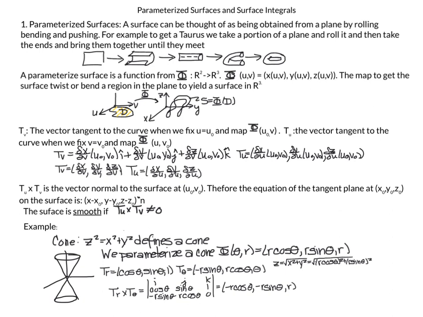Another way to think of this mathematically, but using the same ideas, is that a parameterized surface is a function. And the function we call phi, and it takes something in 2 dimensions. So it's part of a plane. Here we said the plane was the piece of paper. Here we have the UV plane, and we have a portion of it that we consider our domain that I have shaded in yellow. So a part of R2, and then we're going to push and bend and throw it up in the air, sort of like pizza dough on a counter that you might have rolled out in this funky shape.